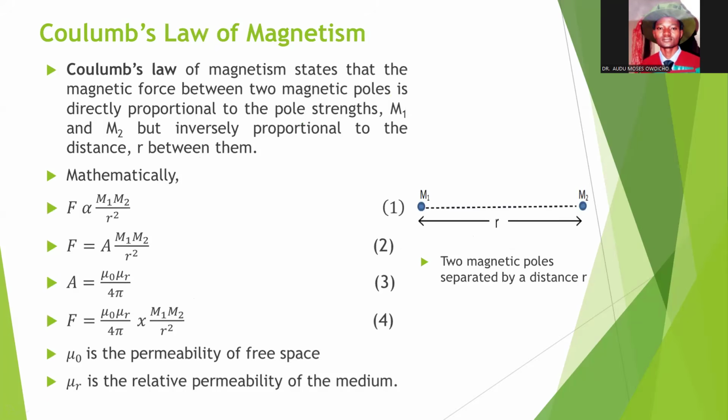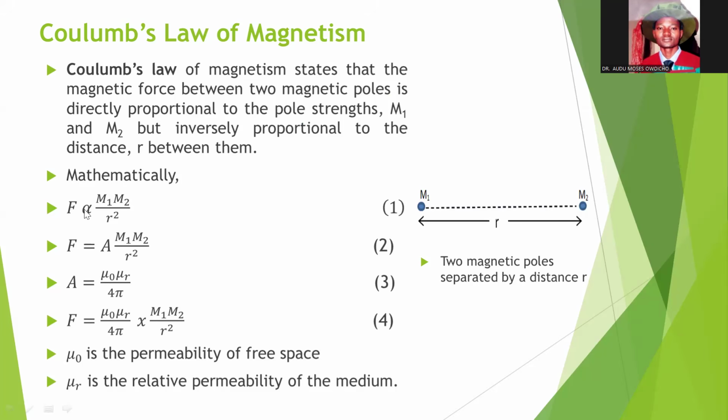What does the law state? That if you have two bar magnets of pole strengths M1 and M2 separated by a distance r, the force of attraction between them is given mathematically that F is directly proportional to the product of the two poles, but inversely proportional to the square of the distance between them.